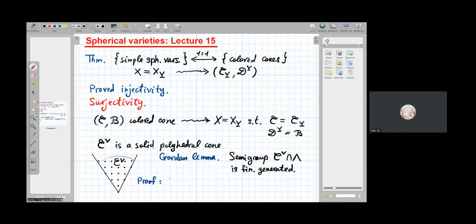Since C check is a polyhedral cone, it is generated as a cone by finitely many vectors, say lambda 1, etc., lambda k.